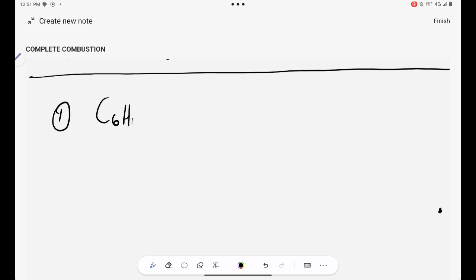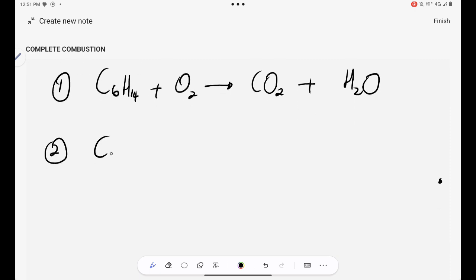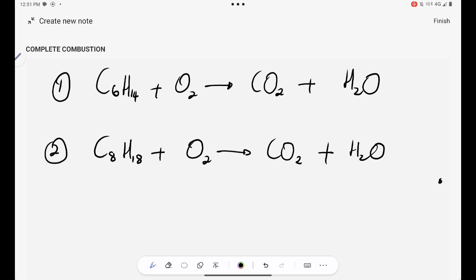That's C6H14 plus oxygen. And then the second one, let's take octane, C8H18 plus oxygen will give us carbon dioxide plus water.